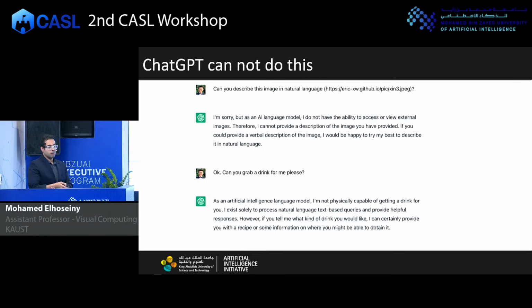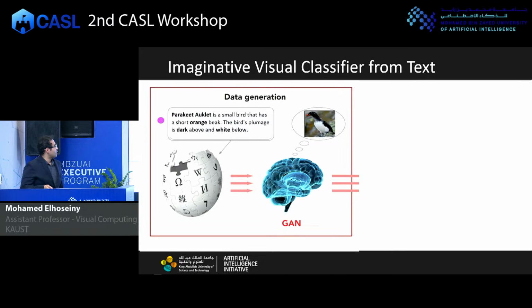So the point is, how can we make some progress on language models so that their visual understanding is improved, or they could be augmented with some visual understanding. All right, so let's go back to this example. One way to model this task is to process the language description of an unseen bird by a generator that tries to imagine what this bird looks like.